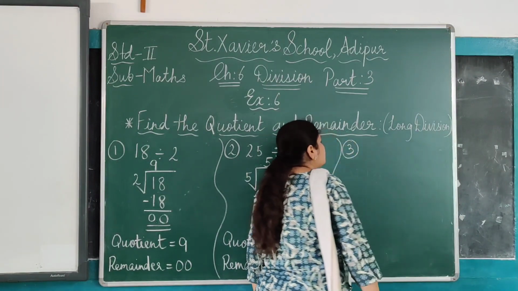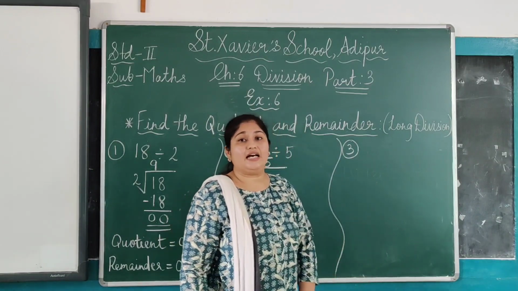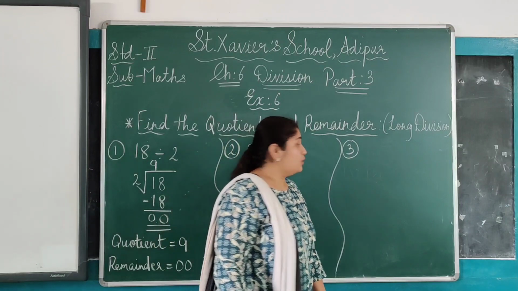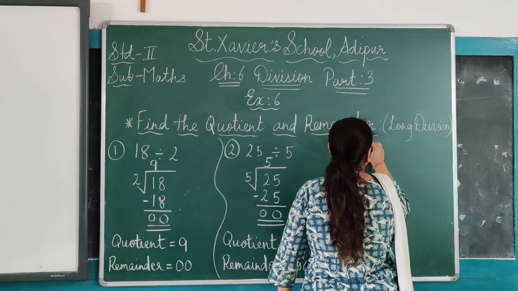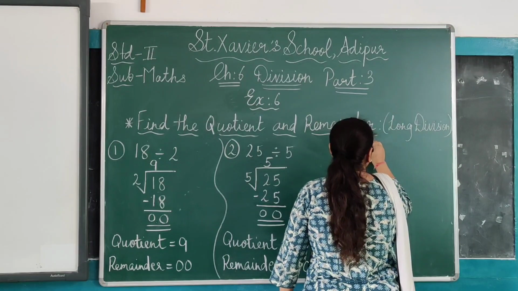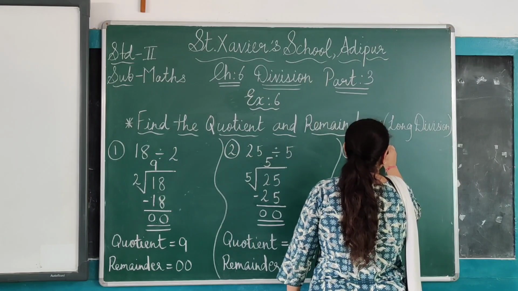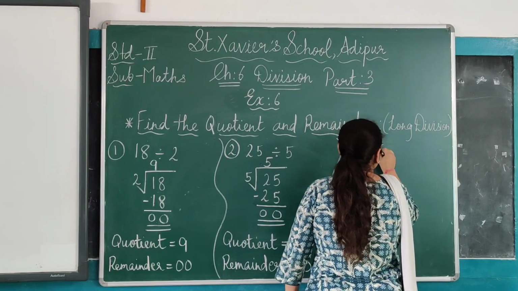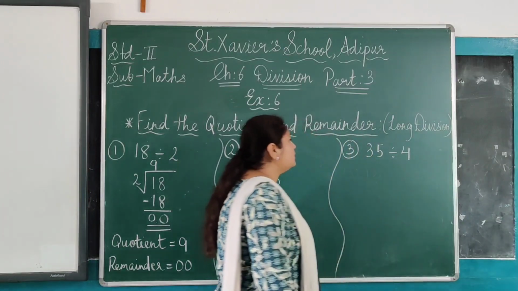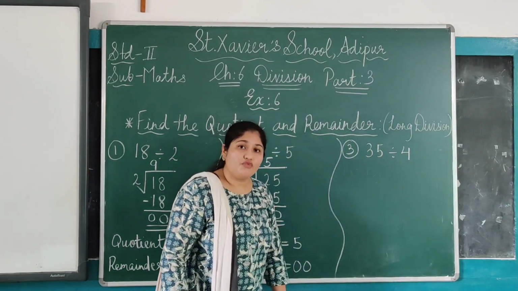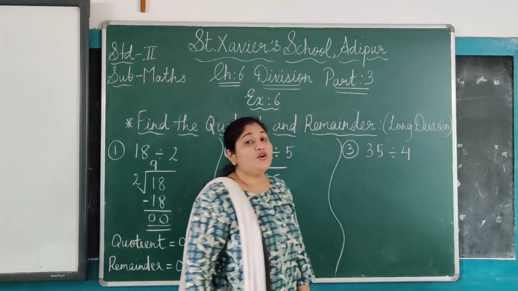Okay? So now my dear students, now this sum is a little bit new for you. Why? क्योंकि इसमें remainder 0 नहीं आएगा. So please pay attention. Okay? Now, here 35 divided by 4. हमें 35 को किससे डिवाइड करना है? 4 से.